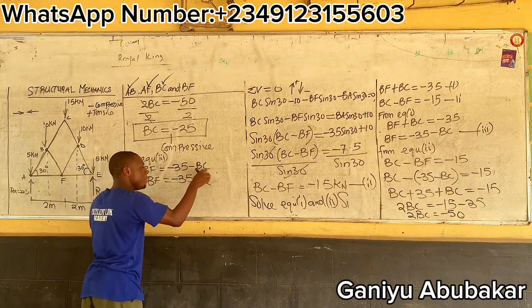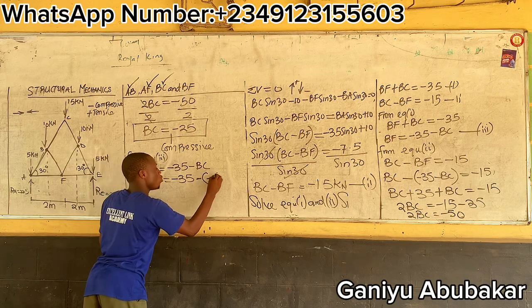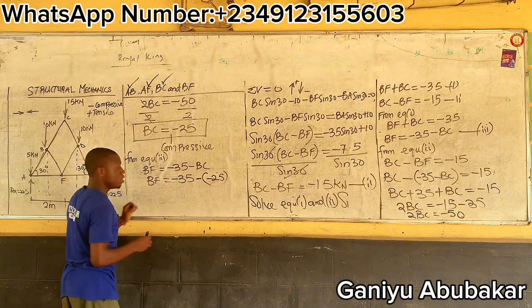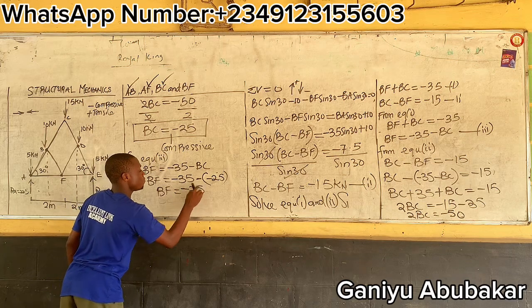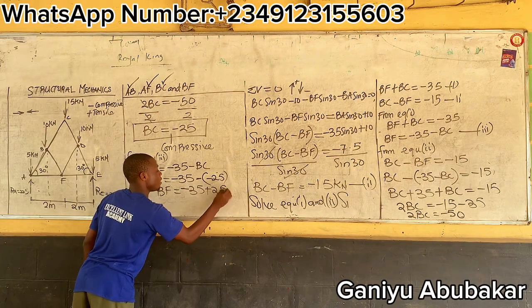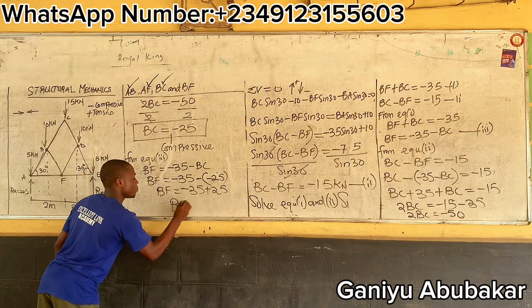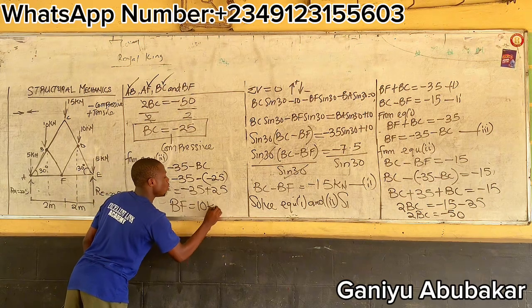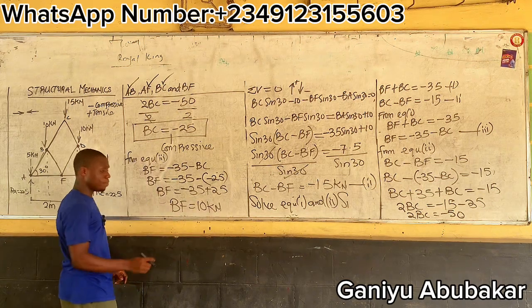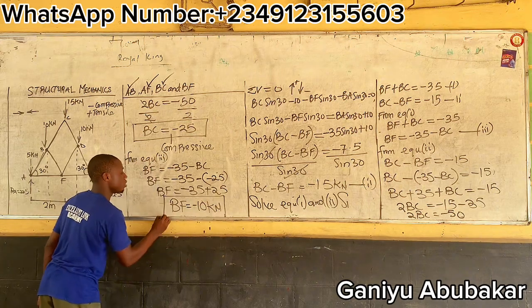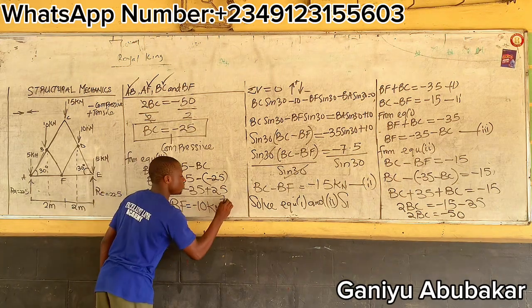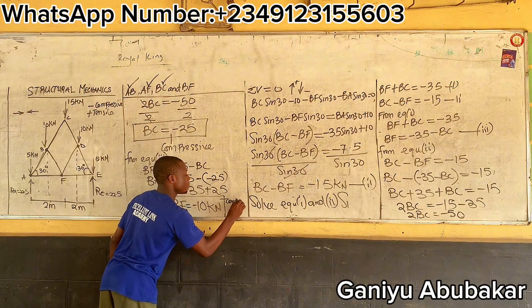Yes. What's BC itself? Minus 25. Are we there? Yes. So I have BF as minus 35 plus 25. Abby? 10 kilonewton. Is it minus 10? Minus 10. Yes, minus 10. Is it tensile? Compressive.